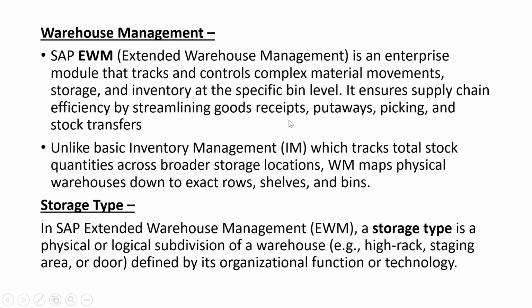So all 35 pieces can be accommodated into a single bin. That is called stock transfer. This can be an internal stock transfer within the warehouse, or it can also happen between warehouses.